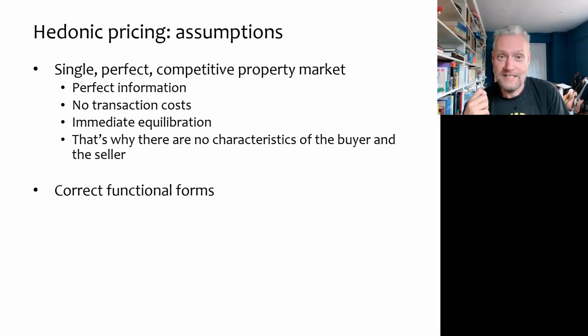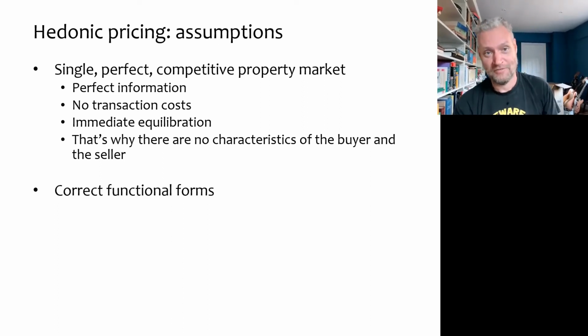If the market is not in equilibrium, or there's market power, then of course a particular buyer and the peculiarities of that buyer, or a particular seller and the peculiarities of that seller, would show up in the equation, but not if the market is in a perfect equilibrium.